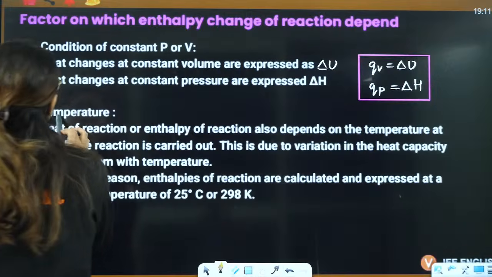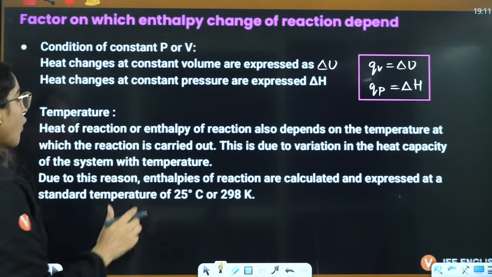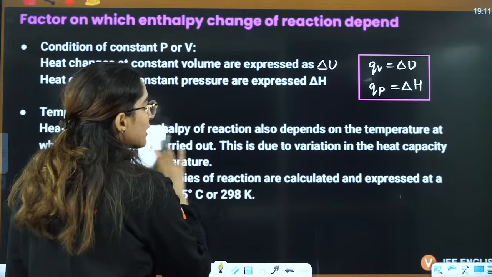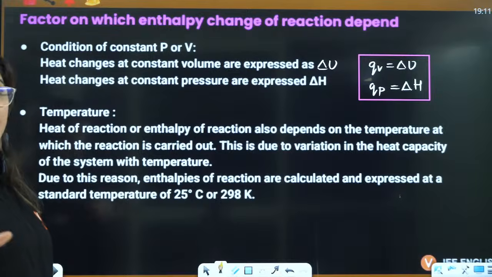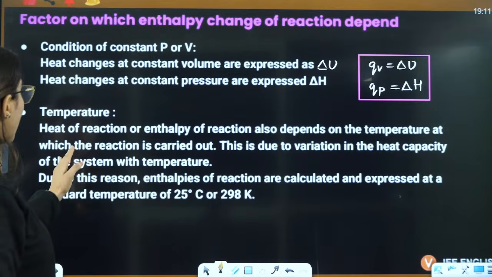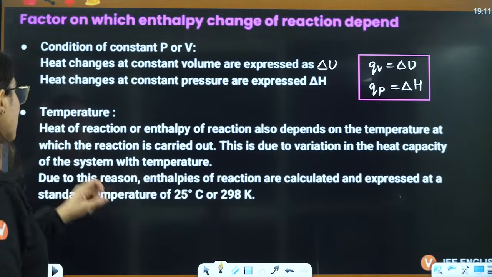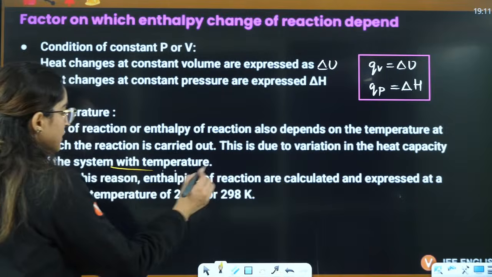If I talk about temperature, the heat of reaction or enthalpy of reaction also depends upon the temperature. That's why we are saying it has to be constant, on the temperature at which the reaction is carried out. This is due to the variation in the heat capacity of the system with temperature.